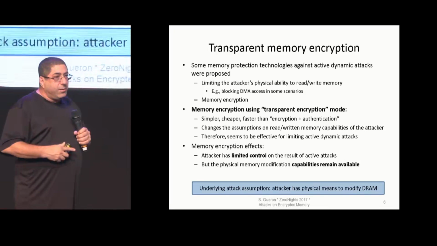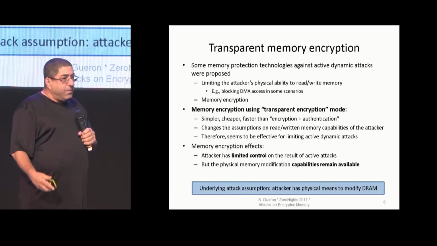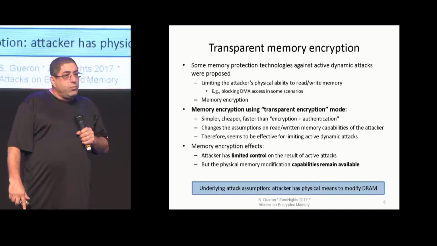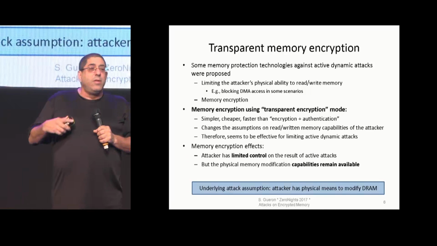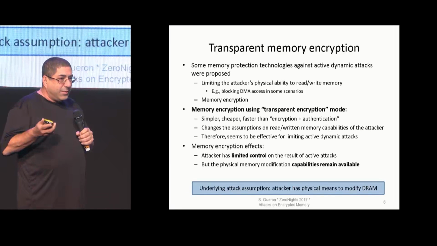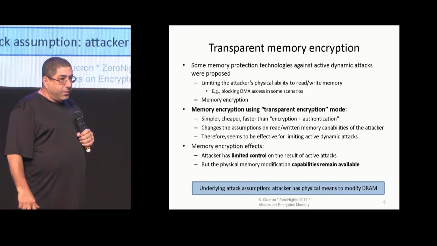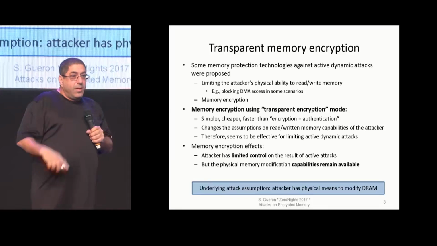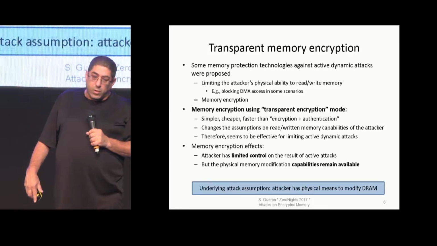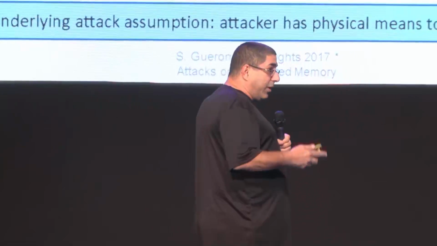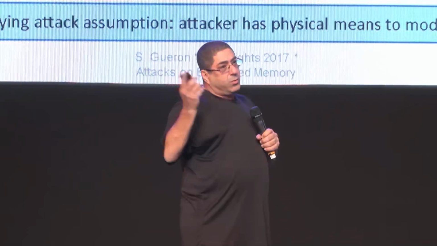So if you have a cache line and you move it out to the DRAM, it is the same payload of a cache line. Nothing else is added. Whereas if you want to do some authentication, there needs to be additional payload to put some authentication tags, and this is much, much more complicated. Furthermore, if you want anti-replay, you need to have some internal payload, and this is not only complicated, it is also very expensive. So a very easy solution in this respect is just to encrypt the memory.